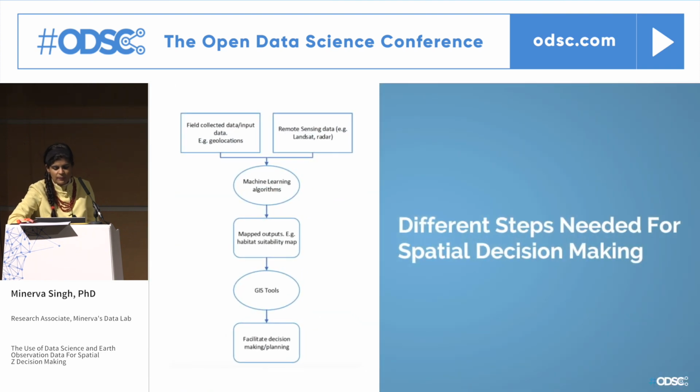In a nutshell, based on my experience, these are the different steps needed for spatial decision making. The first thing, on the top left, is field-collected data or input data.